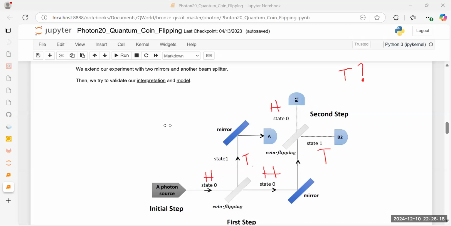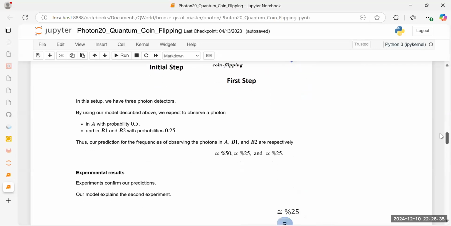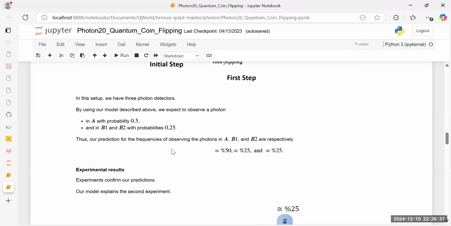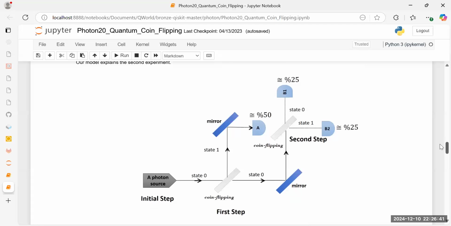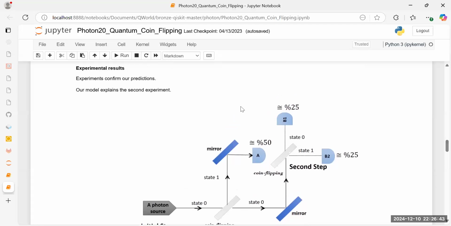Okay, so let's see what the solution might be. Okay, so here, let me scroll down a bit. Okay, so from the first toss, so we said this is tail.